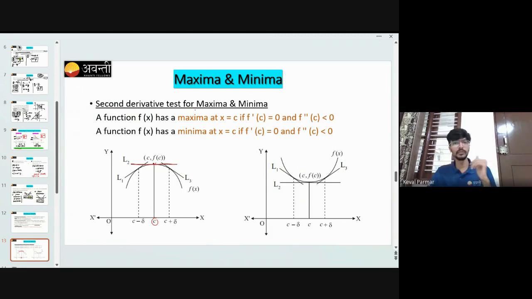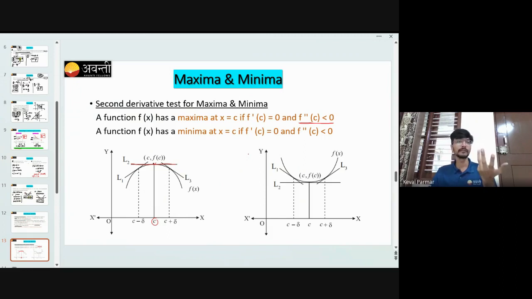What we need to do here is check f double dash. That means the double derivative. We talked about successive differentiation, if you remember, second derivative, third derivative. So here, the double derivative at x equal to c should be less than 0. And if this condition is satisfied, that means we have a maxima. That is the maximum value.